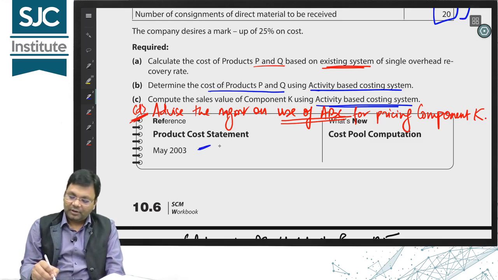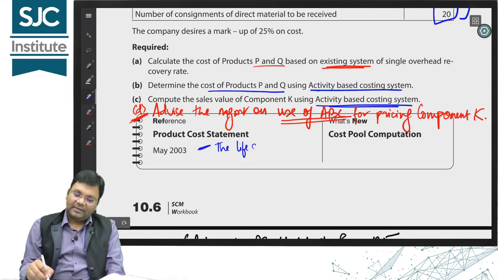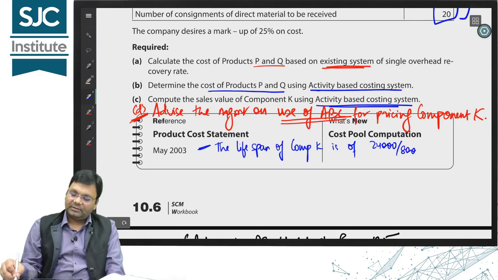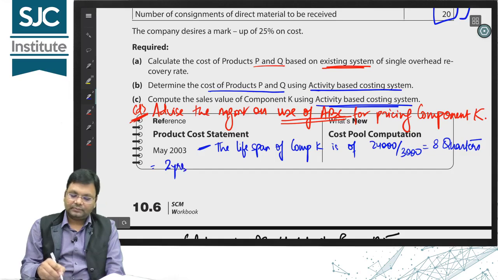You will say in short, the lifespan of component K is 24,000 by 3,000, which is equal to 8 quarters, and it is equal to 2 years.